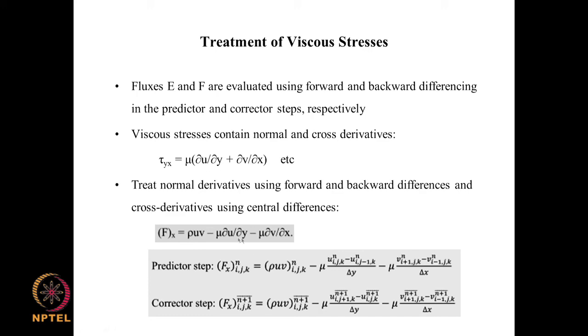So, we substitute this here, and so the x component of the F term is rho u v minus mu times dou u by dou y plus dou v by dou x. So, how do we write this in the predictor step? In the predictor step we have F x at i j k, in 3 dimensions, at n evaluated.